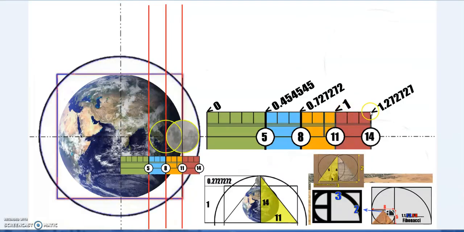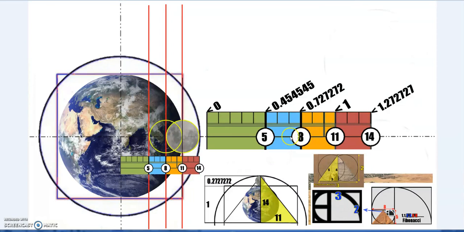So if that is 1, then 14 is 1.2727, and 0.2727 minus 1 is 0.7272. Therefore 5 is 0.4545. These are the relationships between them. So Earth is 1, represented by 11.